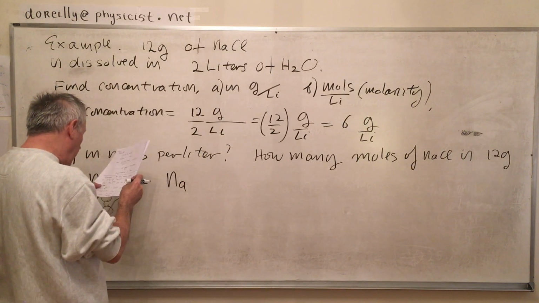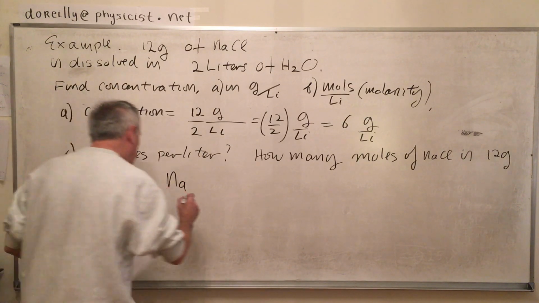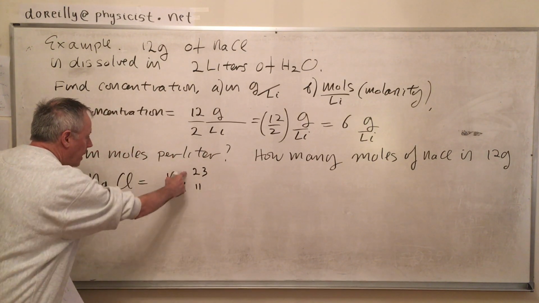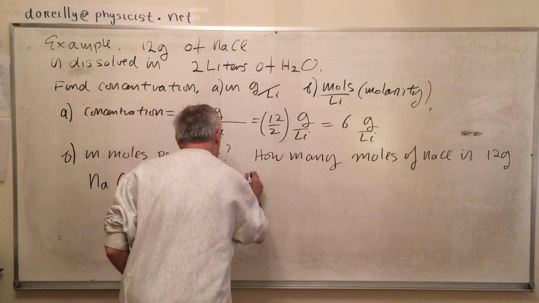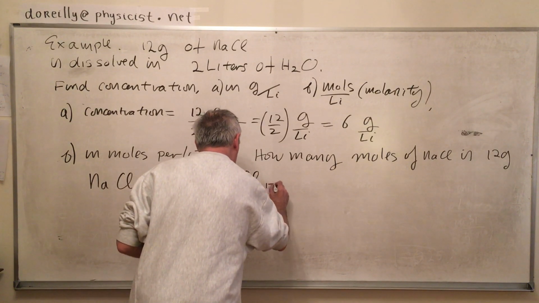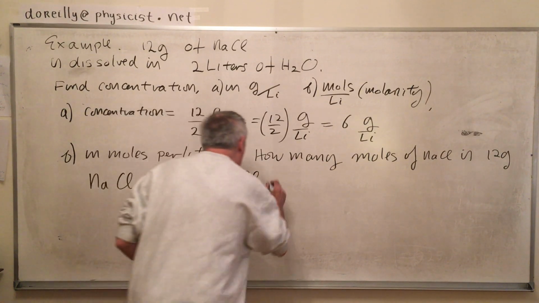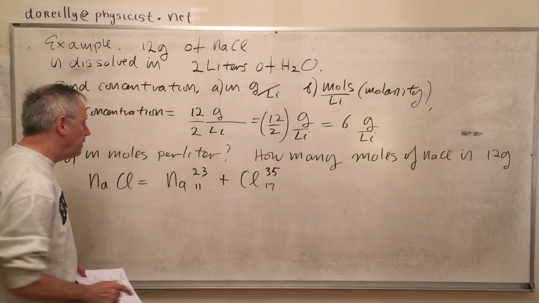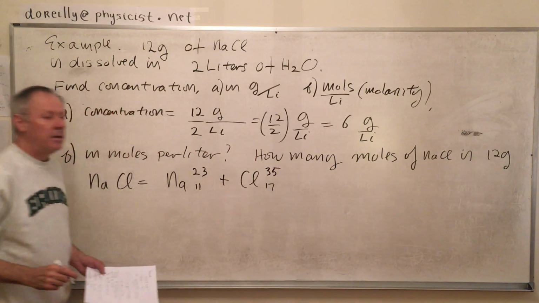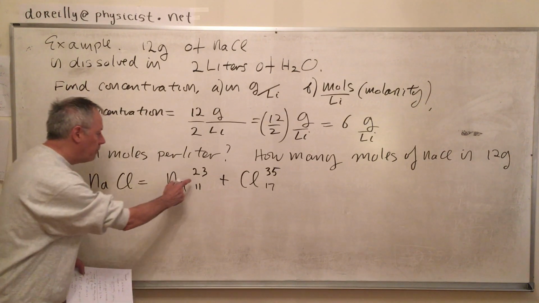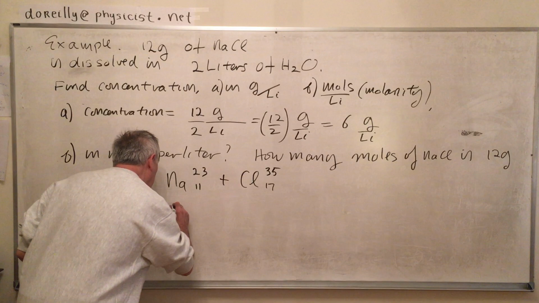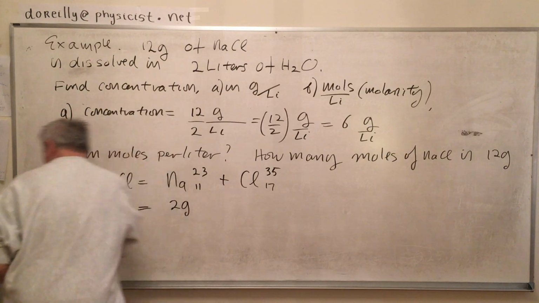So we need the atomic weights. Sodium has atomic weight 23. Now, as far as I remember, 35 is what chlorine is. The atomic weight of chlorine is 35 atomic mass units, and sodium 23 atomic mass units.